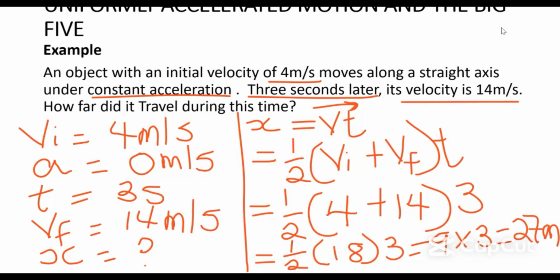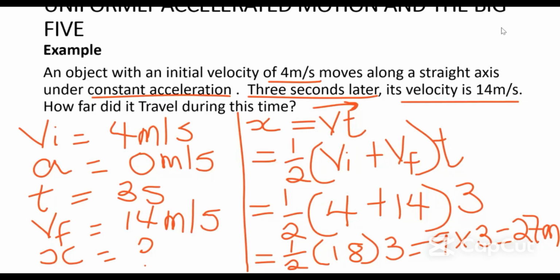So for us to calculate this, we have to apply this formula. How far did it travel? It's talking about the total distance traveled. So we add the initial velocity plus the final velocity, times the time taken, and half.